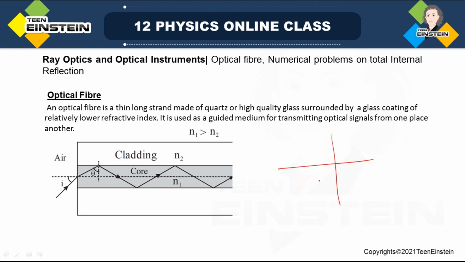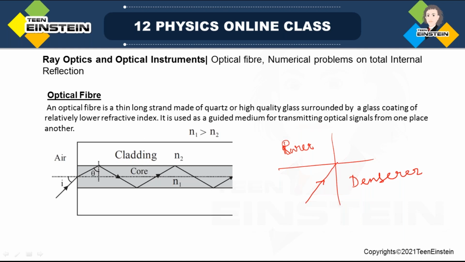Suppose this is the rarer medium, and this is the denser medium. When light goes from denser medium to rarer medium, what happens?